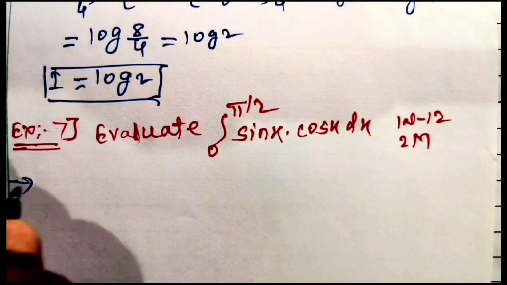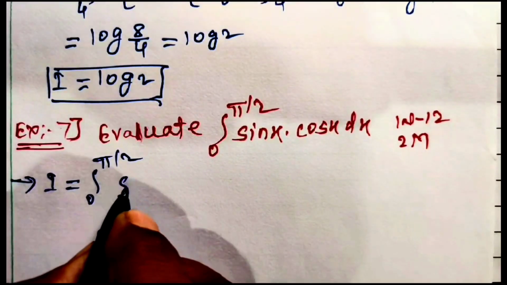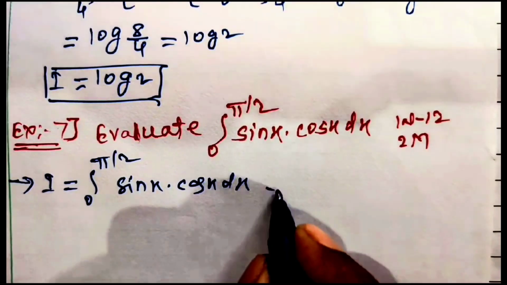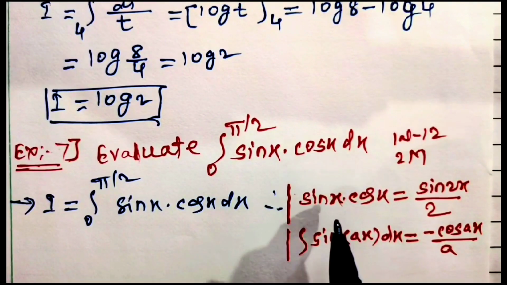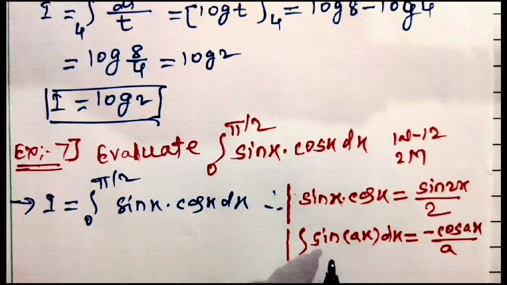I is equal to the given integral from 0 to pi by 2 of sin x into cos x with respect to x. But we know this formula, sin x into cos x we can write as sin 2x divided by 2, and integral of sin ax is minus cos ax divided by a.